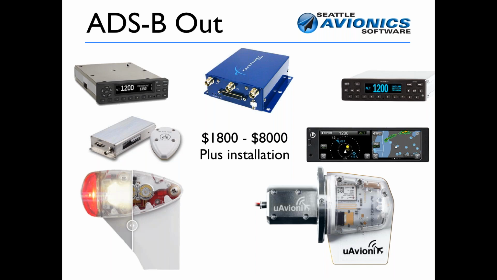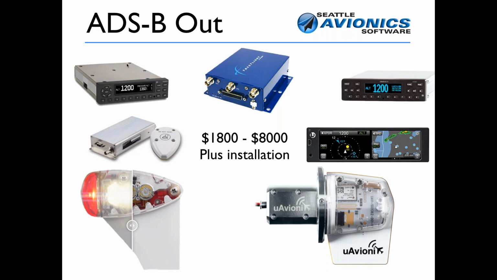And then the one on the right side is a uAvionix tailBeacon. Fundamentally, these things all accomplish the same thing. They take the location that they get either from a GPS built into them or from a GPS you already have in your system that you link to it, and it is transmitting your location to the ground. Or to the air. That's pretty much it.